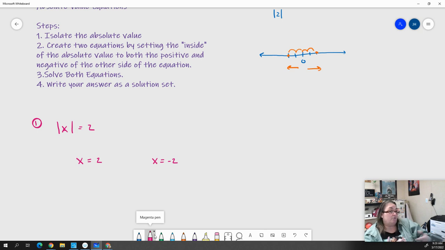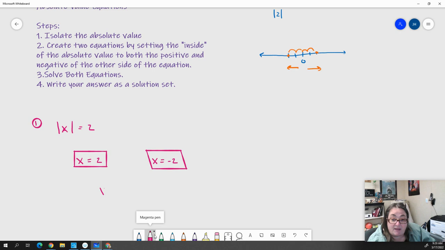Well, in terms of this problem, both equations are solved. x is already isolated, right? We can just put a box on those, right? We know that that is our solution. But it says that we should write the answer as a solution set. And what that means is I'm going to have x equals the set of -2 and 2.